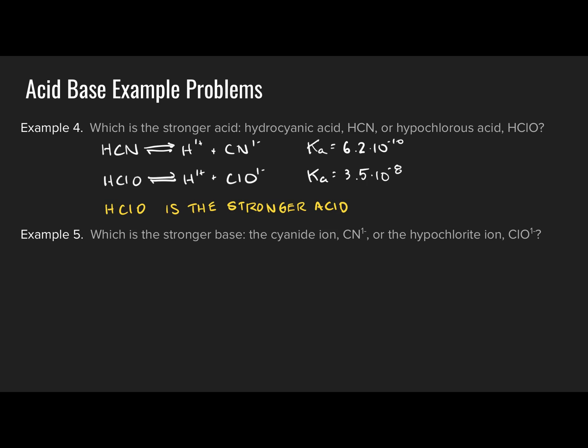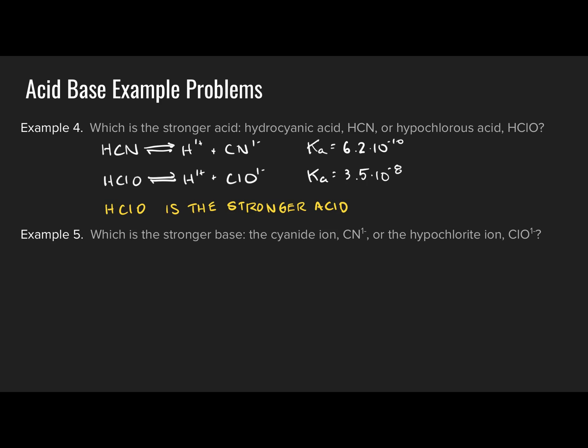Now that's going to lead me directly into an understanding of example number 5 here. In this one, we're looking to find which species is acting as the stronger base, that is the cyanide ion CN negative, or the hypochlorite ion ClO negative. Now, looking at those two species here, I can see that each of them is formed from the dissociation of their respective acids from the previous problem.